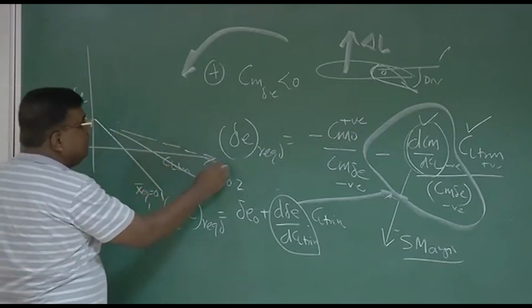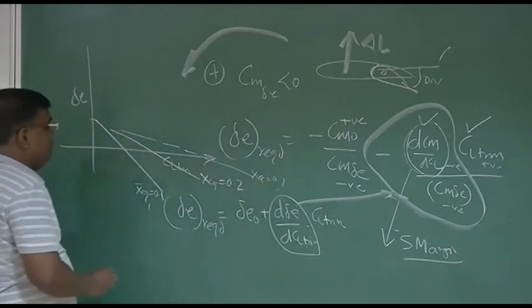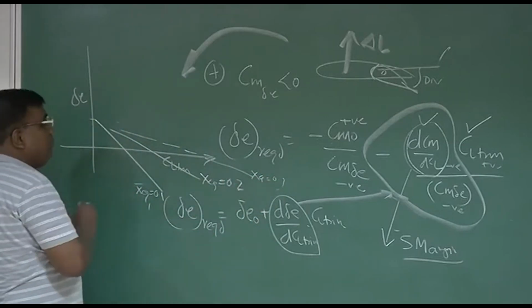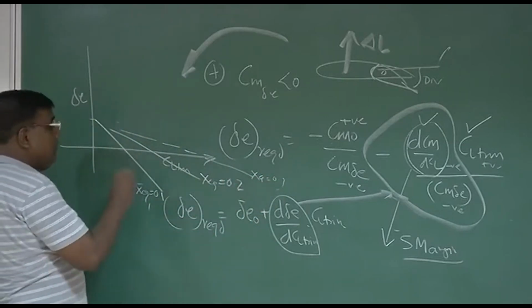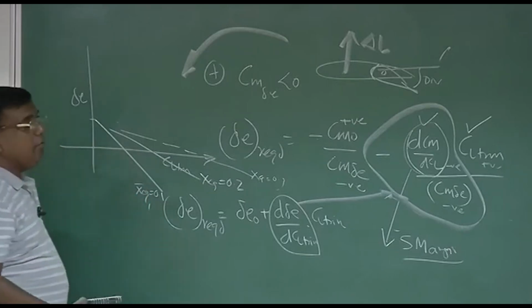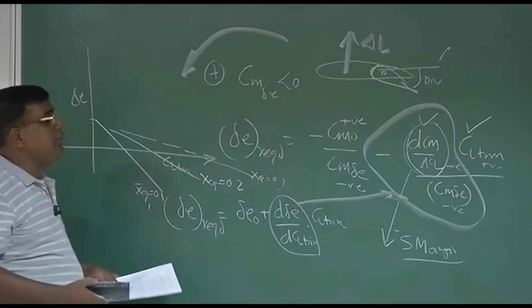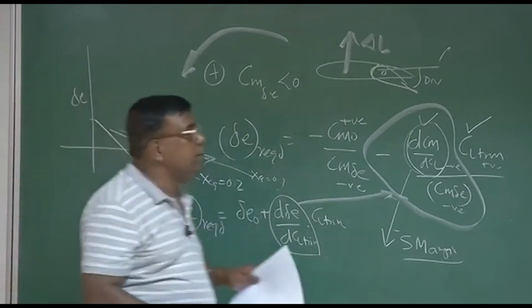So this is hCG equal to 0.3. What is the message you are getting? That if I am trying to trim an aircraft at different CL, the delta E requirement will go on increasing as static stability increases. Let us understand this point.